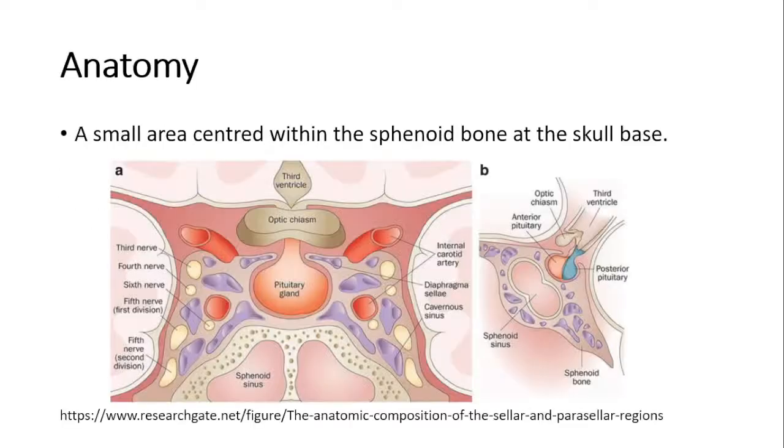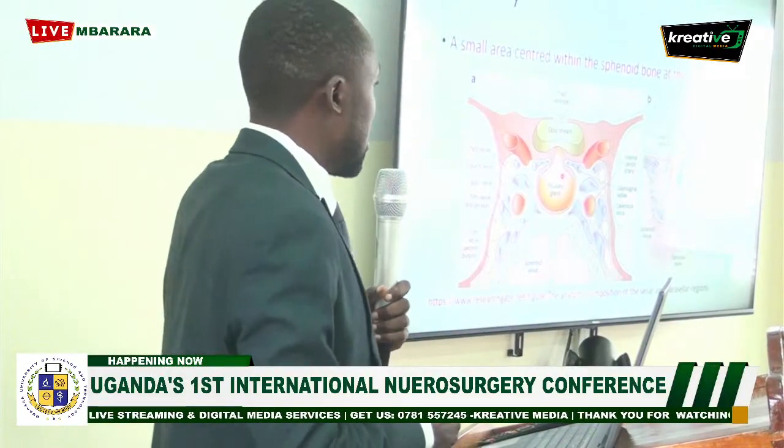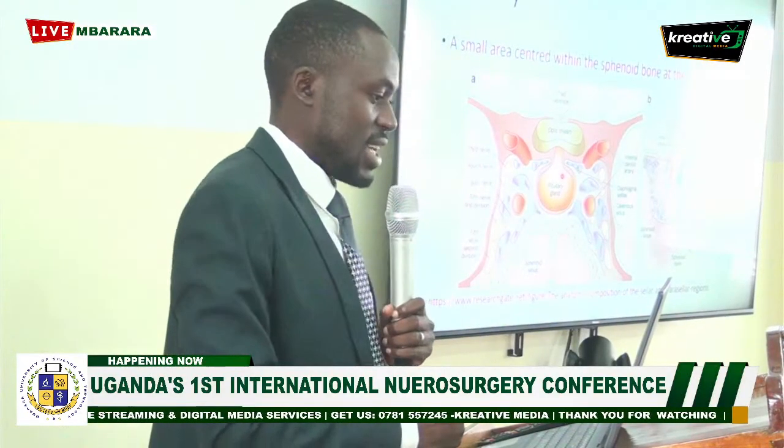And of course, like he has mentioned, the pituitary fossa is a really crowded area with a lot in the neighborhood, with the cavernous sinuses. So even something tiny can actually have clinical significance.